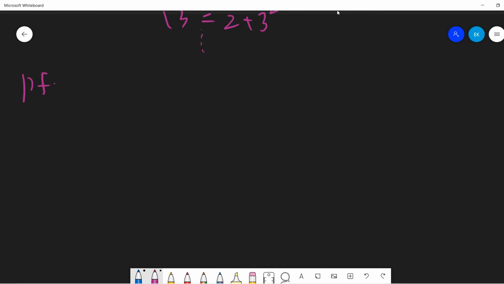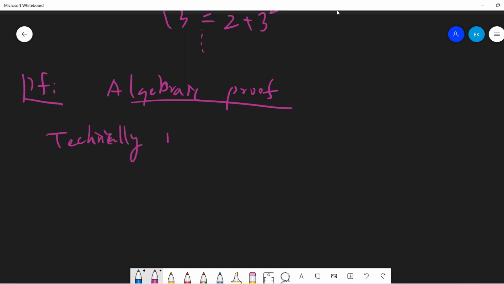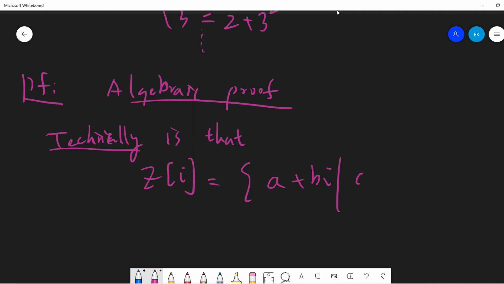Okay, so the proof in this video uses an algebraic approach. Technically what we need to use is Z[i], which consists of a plus bi, where a and b are integers.